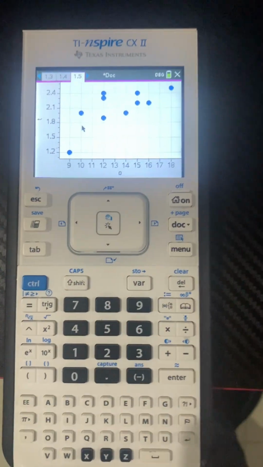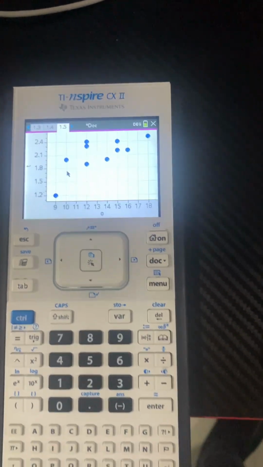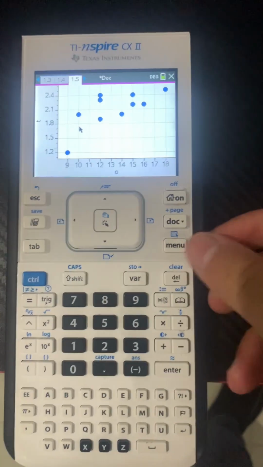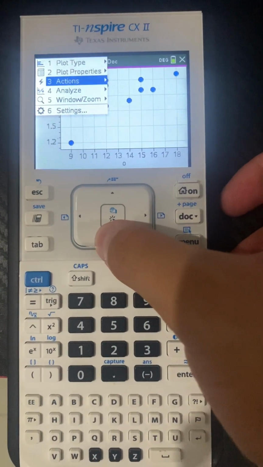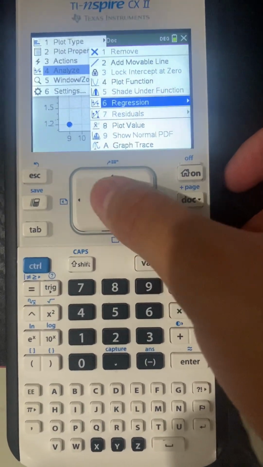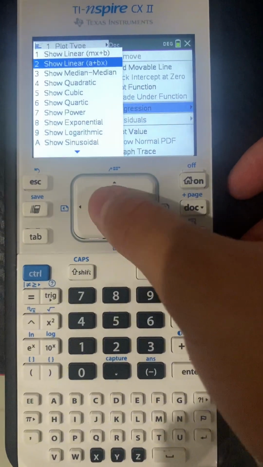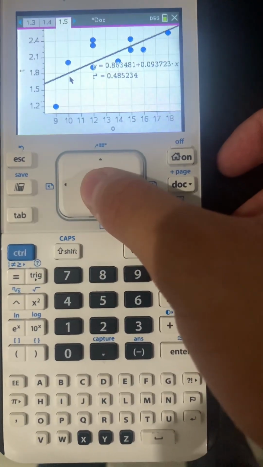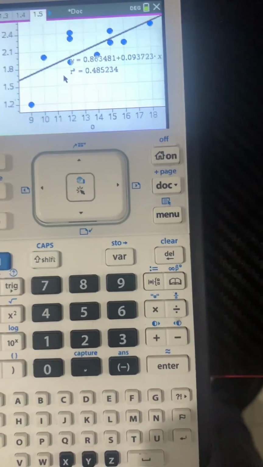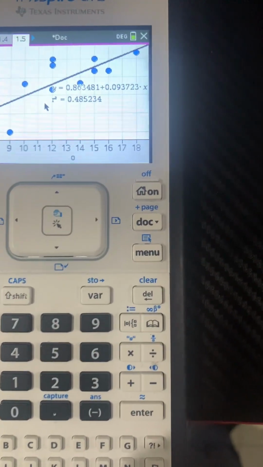So here we have our scatter diagram. Once we have a scatter diagram, we're gonna go analyze, regression, and show linear. In this case, we're gonna have the answer to R.